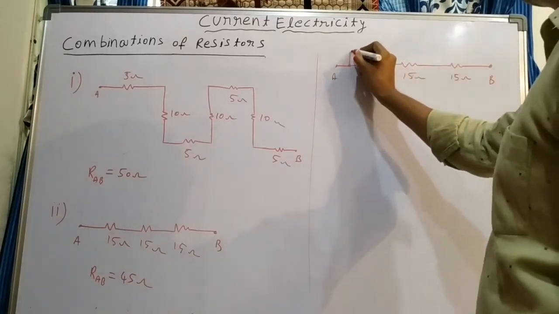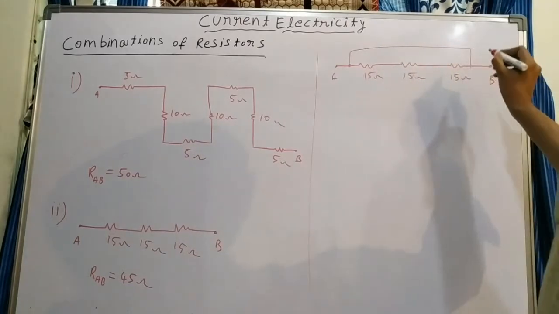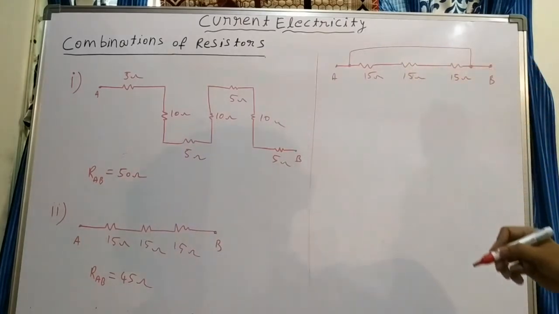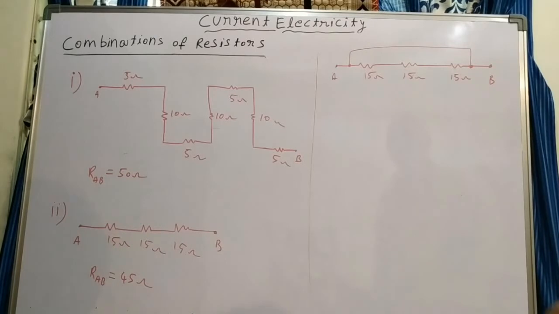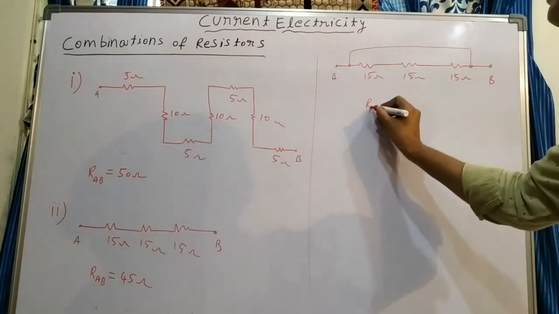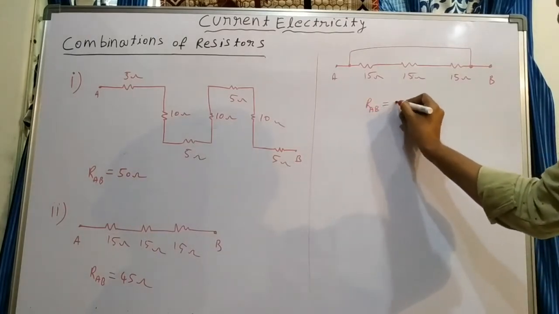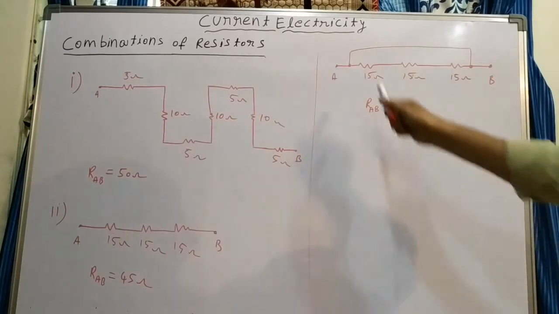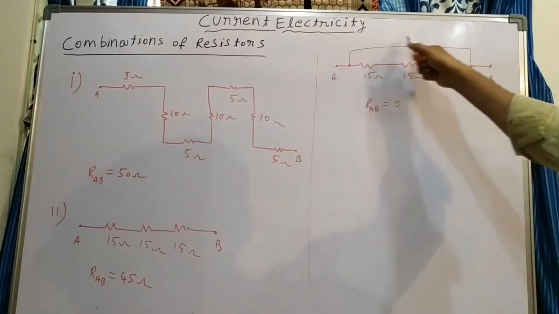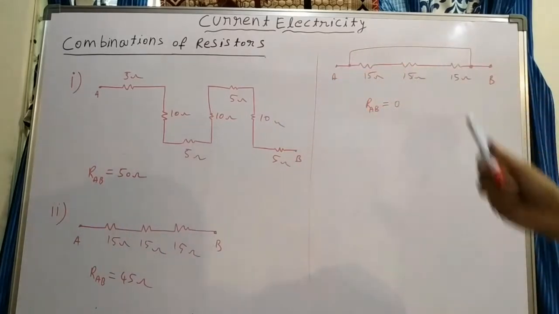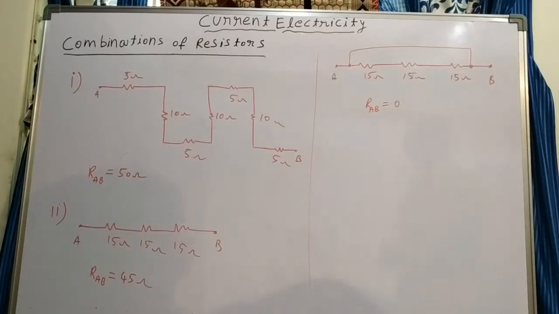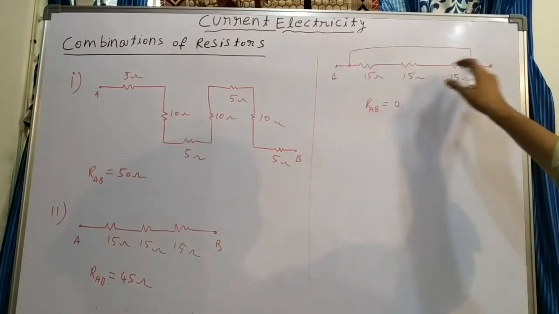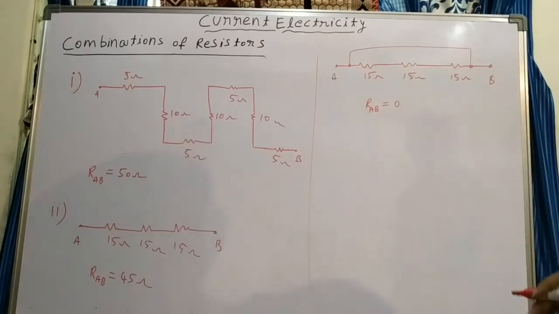They connect a wire, a good conducting wire, like this. That's what we call a short circuit. In that case, what is the resistance between A and B? That we get 0. Because there is a good conducting wire, current flows through this wire, it won't use this path because that high resistance is there. So this is a short circuit, then there is no resistance between these 2 points.